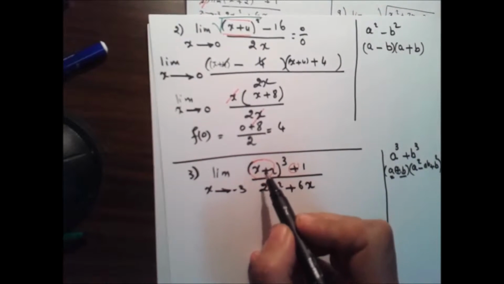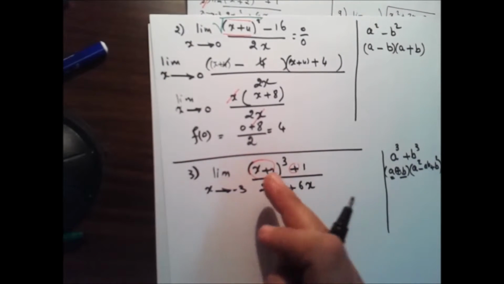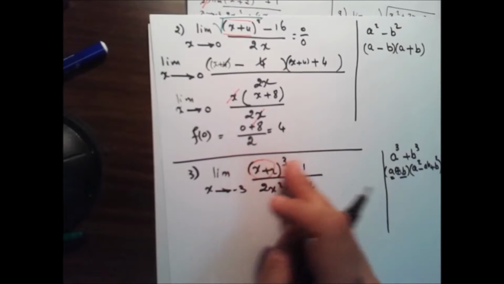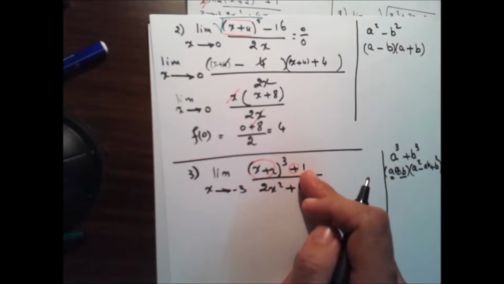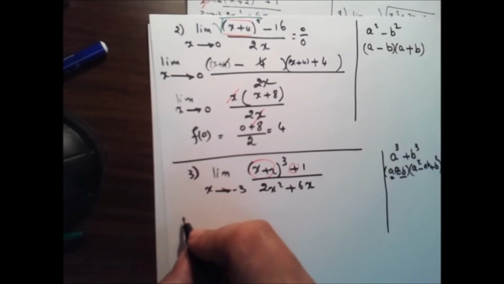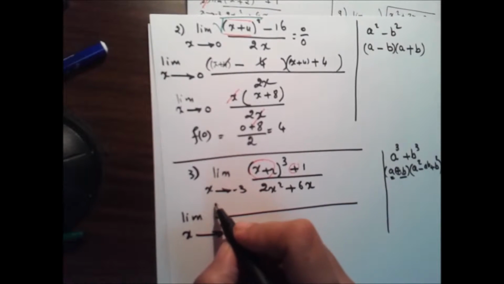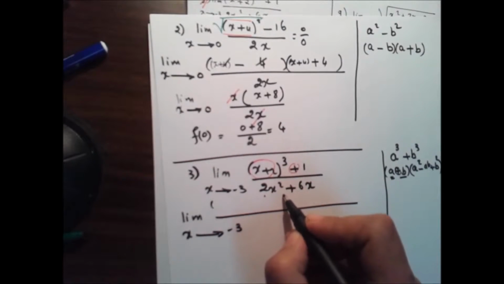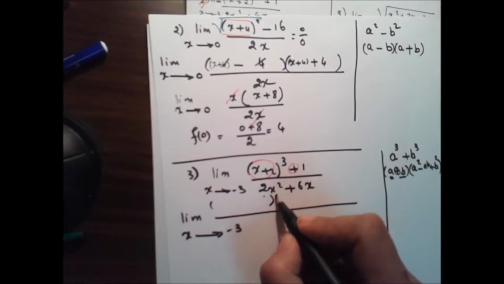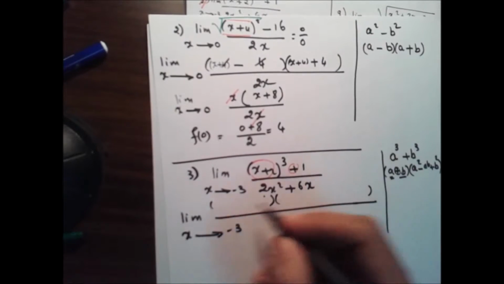We will do the same thing. For the numerator we have the sum of two cubes because one is a perfect cube. So limit as x tends to negative 3 of, we have two brackets, a small one and a bigger one. We need more space.